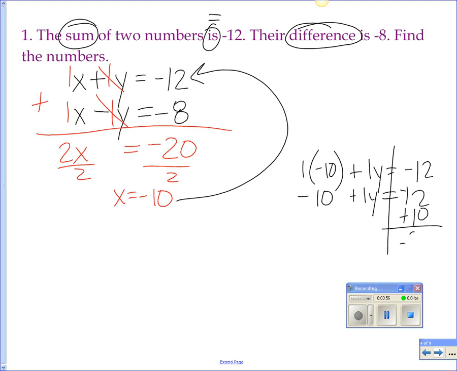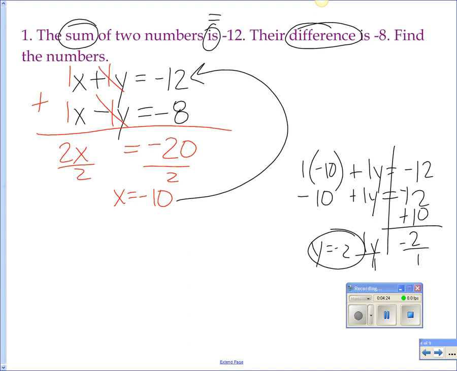Good. It becomes positive. And Tamara? Divide, and so you get y is -2. So those are the two numbers that it's talking about. -10 and -2 are the two numbers that it was talking about in the beginning.